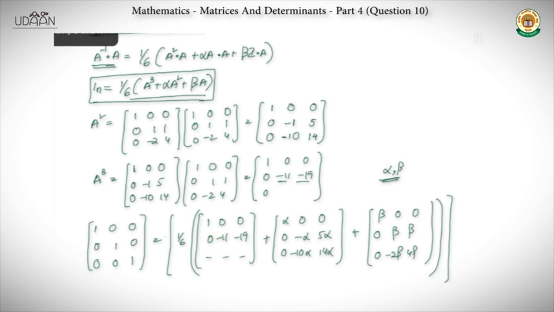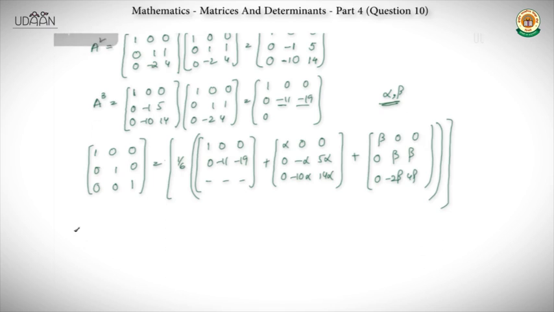Now equating the terms on both sides, we get 1 0 0 0 1 0 0 0 1 equals 1 by 6 into 1 is 1 plus alpha plus beta into 1 by 6.